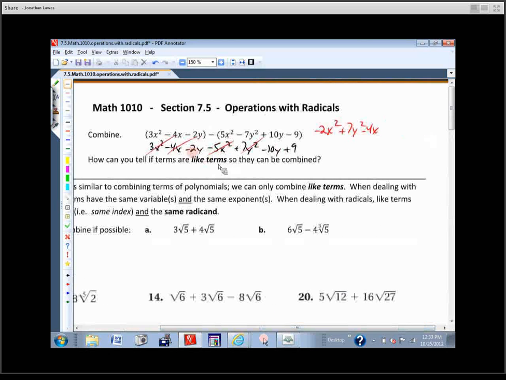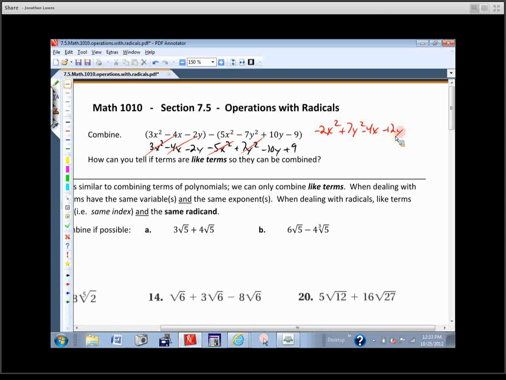And then plain old y's. I've got a minus 2y and a minus 10y, so that's minus 12y. Cross those off, and then I've got this plain old number, this constant sitting on the end. That right there is the answer. We'll make it stick around. There we go.